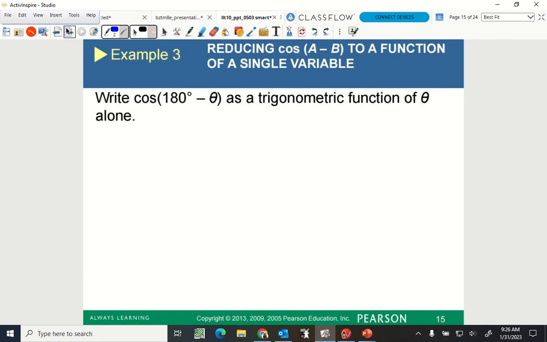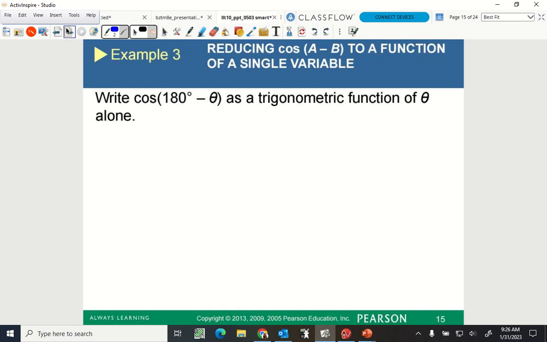So, it says cosine of 180 minus theta. Is that a sum or a difference? It's a difference. Why is it a difference? The minus sign. So if you have your reference sheet or the notes, these are the difference identities.